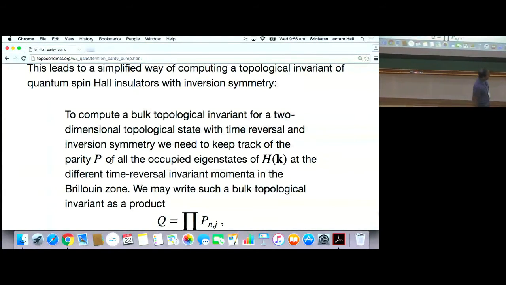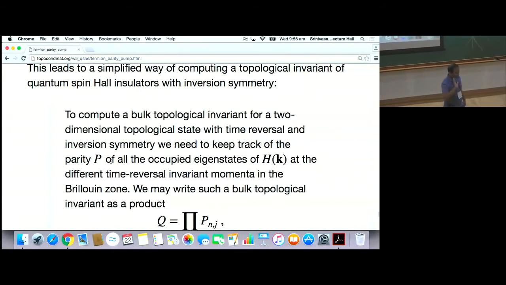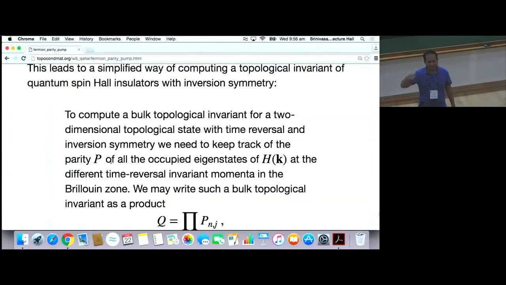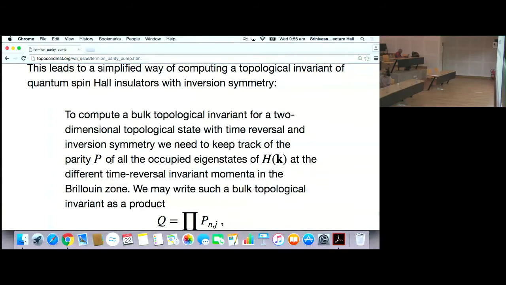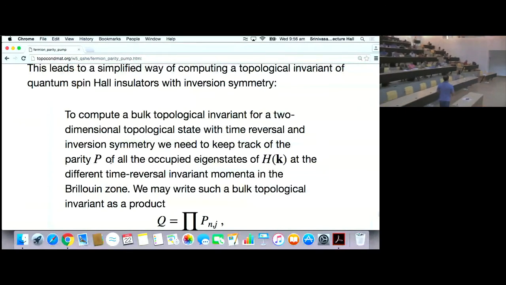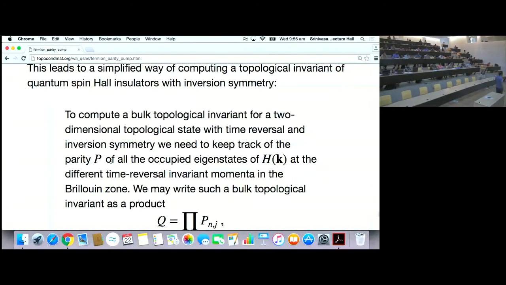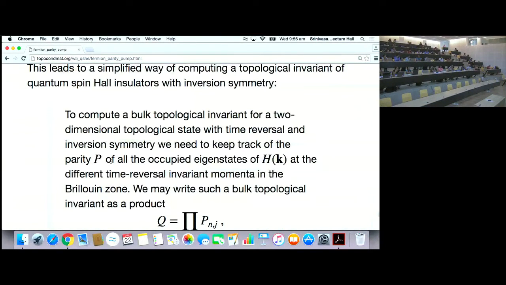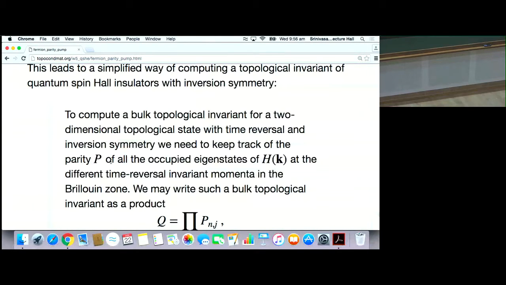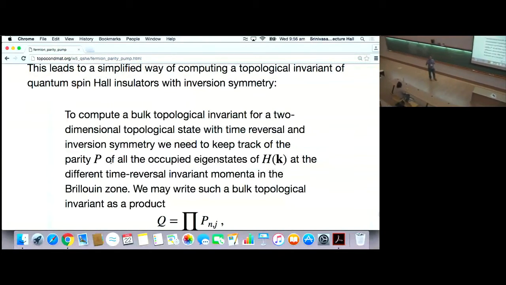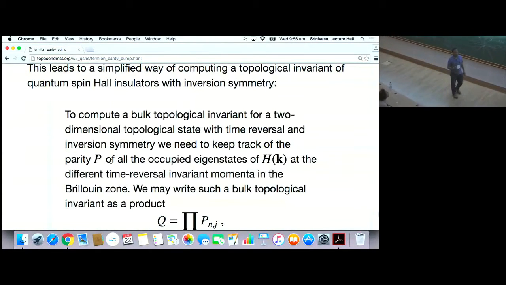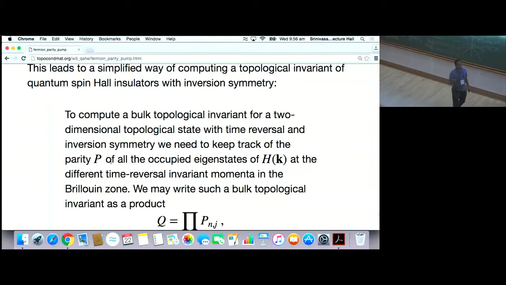Yes, a domain wall is an interface between the two mass signs, and one of those is topologically trivial, and the other one is topologically not trivial. And now, what I'm arguing here is that the mass has to do with the parity eigenvalue of which orbitals are occupied and which orbitals are not occupied.